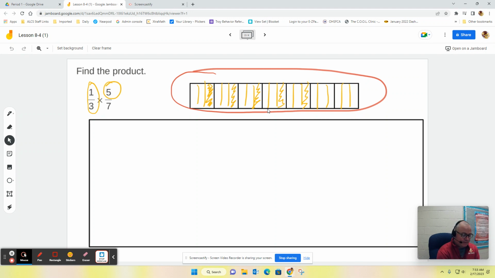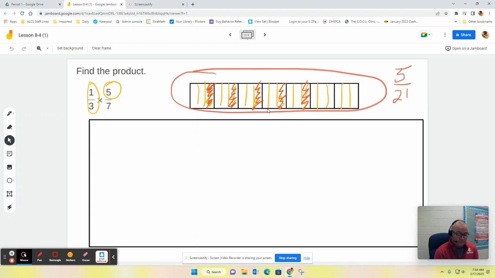Maybe I'll make that a different color. There's a third, there's a third, there's a third, there's a third, there's a third. I now have 5 thirds colored. And if I count all the spots, 1, 2, 3, all the way up to 21, that's 21 total spots.